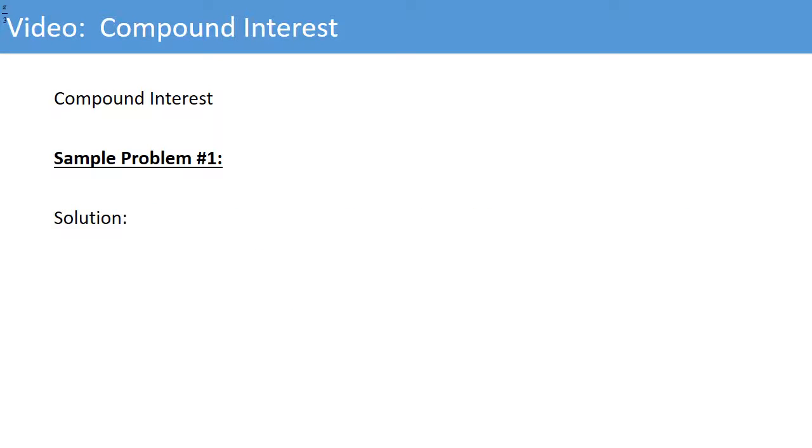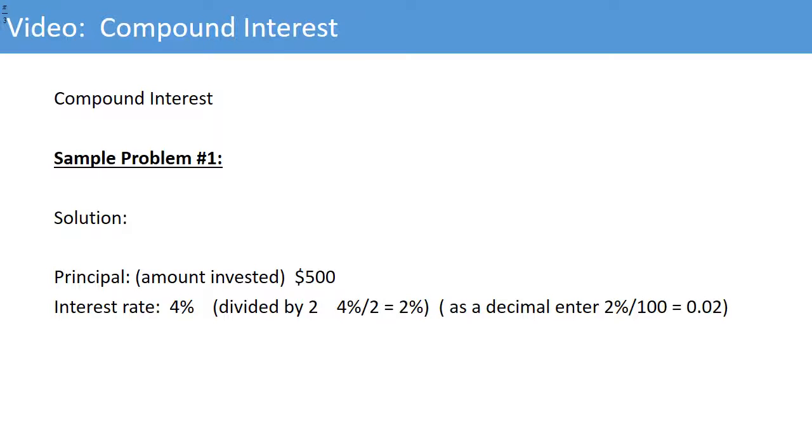Now, what does that mean for the solution? The principal amount is $500. Take the interest rate, divide by 2, change it to a decimal, and it would be 0.02. The term, 6 years, multiplied by 2 is 12.